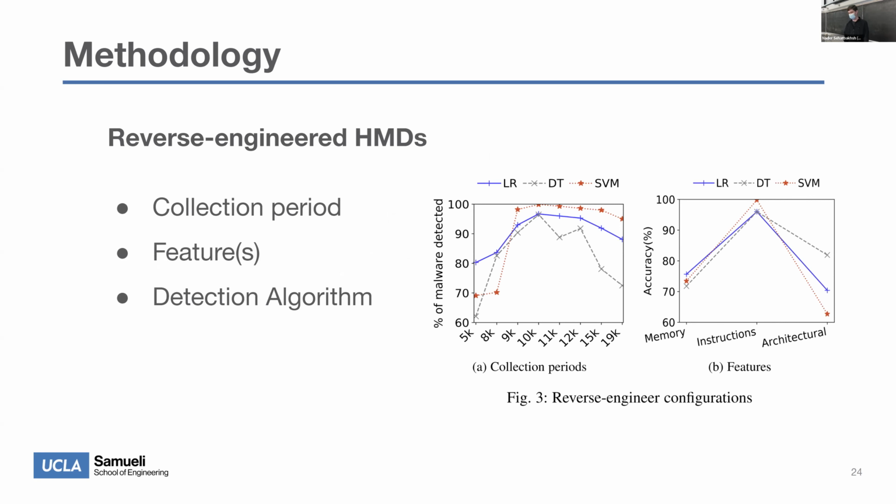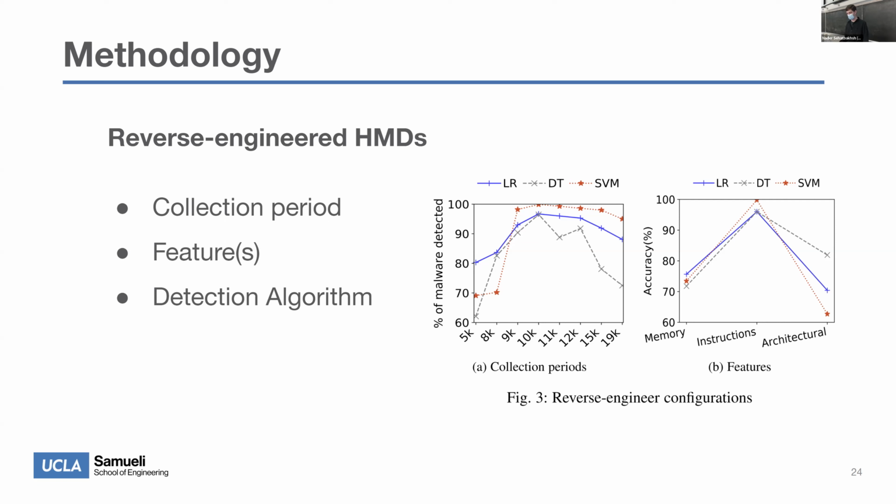The authors next demonstrate that an HMD can be reverse engineered by training a number of classifiers on the HMD's outputs for different potential collection periods and features. These collection periods would be over what length of time the detector is gathering information in order to make that decision.